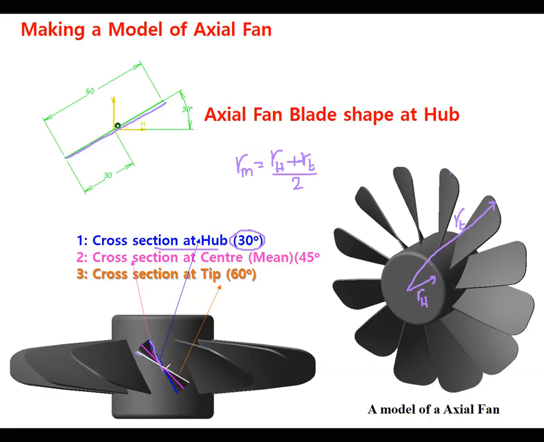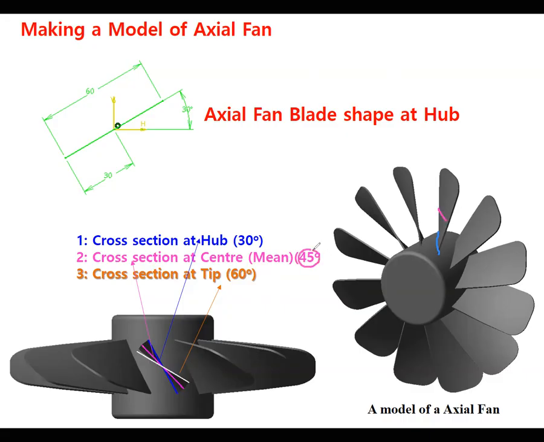The pink color line is at the mean radius, at an angle of 45 degrees.